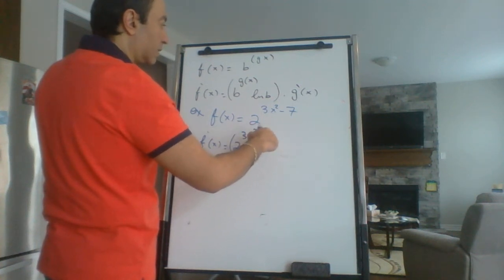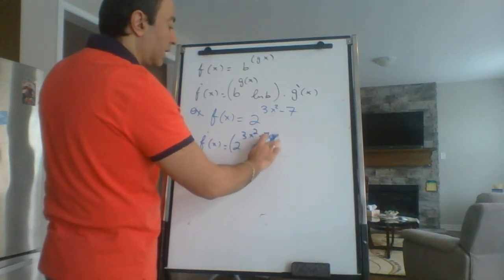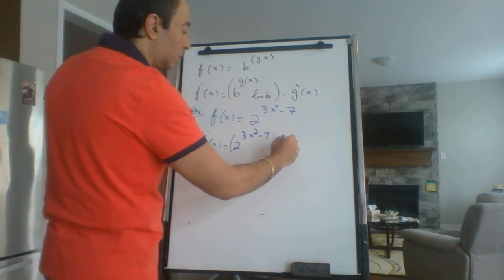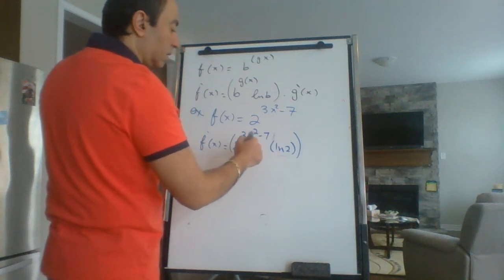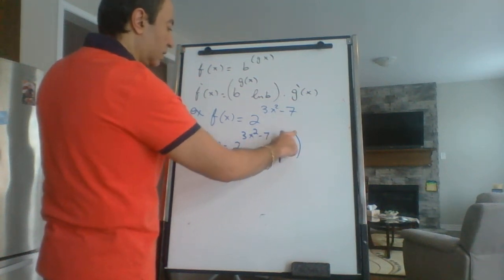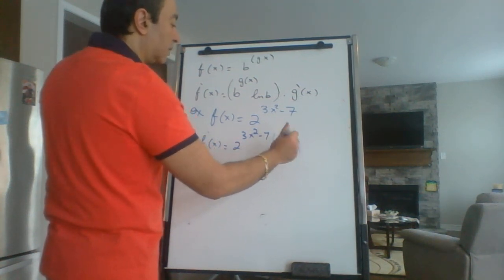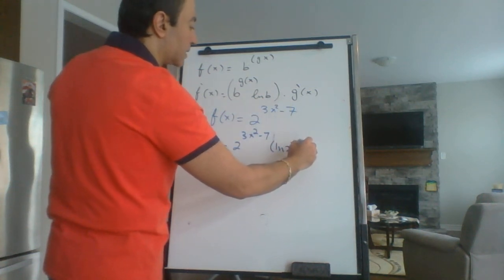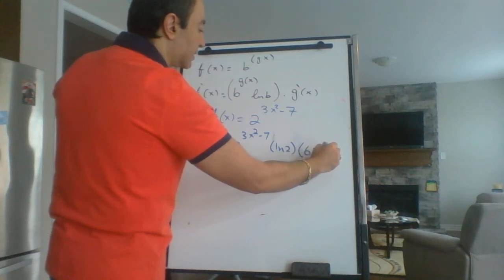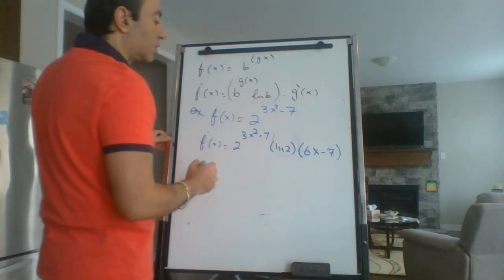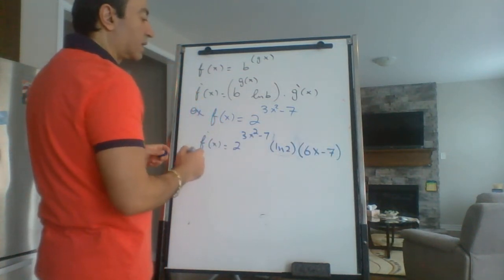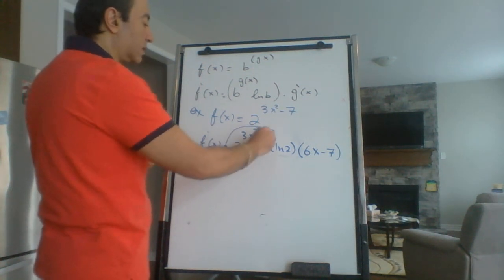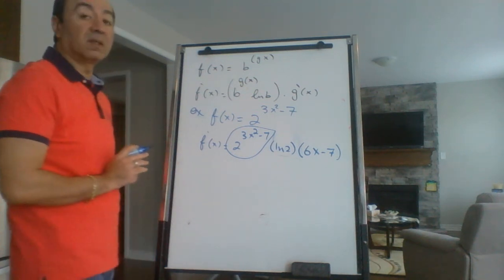Don't forget, I have to multiply this with ln b, which is ln 2. It doesn't matter about the brackets actually, it's all multiplied together, times the derivative of 3x squared minus 7, which is 6x. Okay, so this is the derivative of this function. Of course, I cannot multiply this as an exponent, so I cannot simplify more than that.